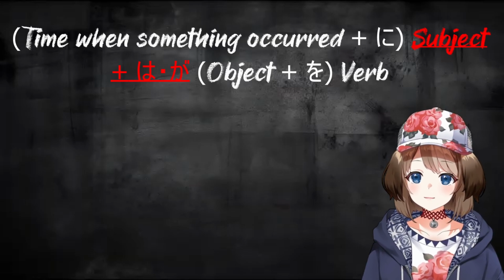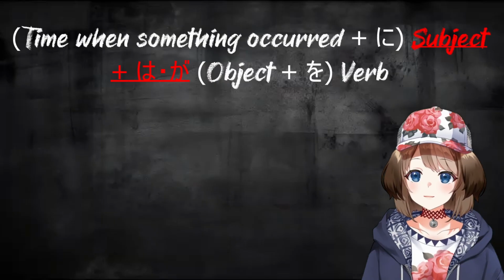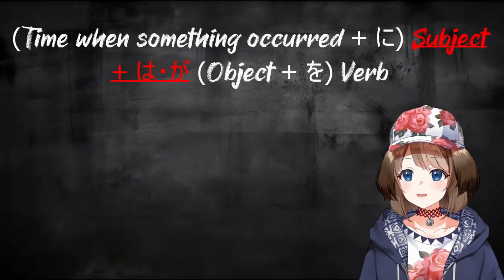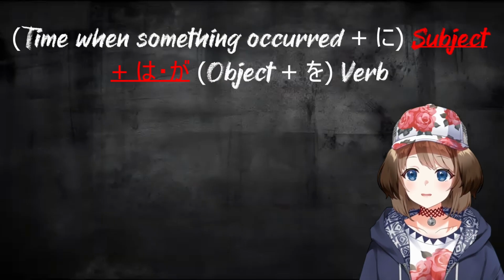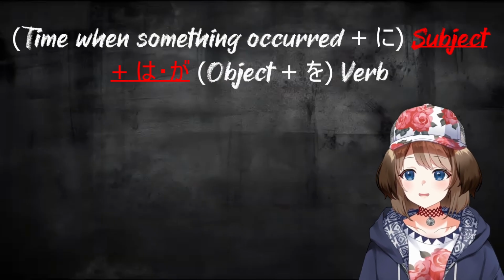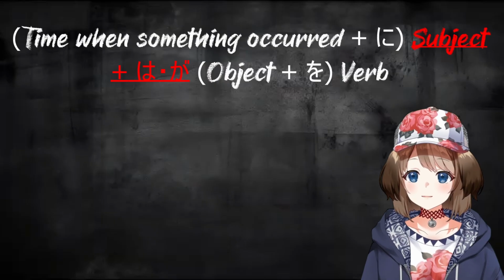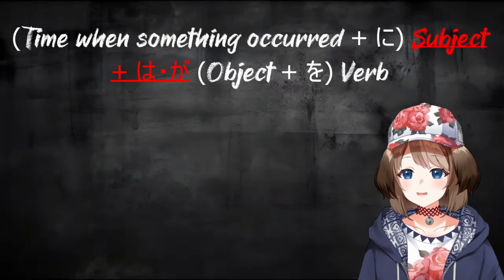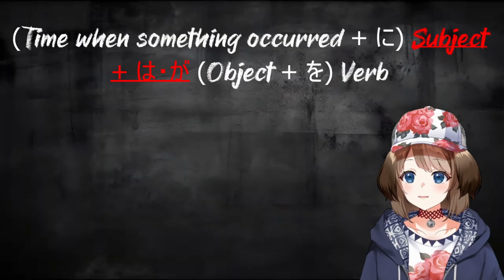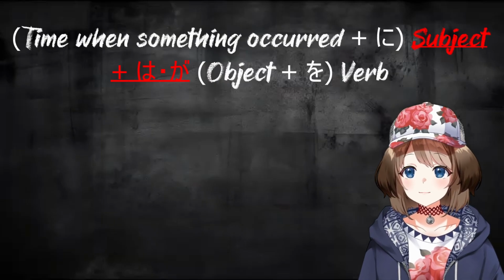But also, this subject marked with wa or ga is usually going to be found before the object, which is marked with o, and that's only going to be the case if and only if there's some kind of relevant object for the sentence in question, and not every sentence is going to have a direct object. A lot of Japanese sentences will just have a subject and a verb.